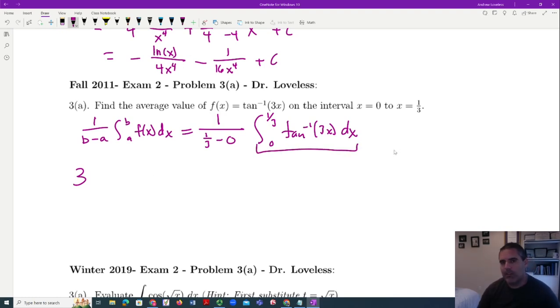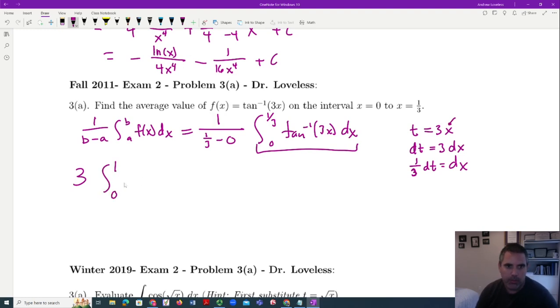And I have one thought here. Because of the 1/3 and 3, maybe our life would be easier if we did a substitution. If you didn't see this, it doesn't matter. You could continue. And I'm using a t instead of a u because I anticipate we're going to do a little more. But this is just a house cleaning thing. So when I plug in a 0 here, I get 0. When I plug in a 1/3, I get 1.